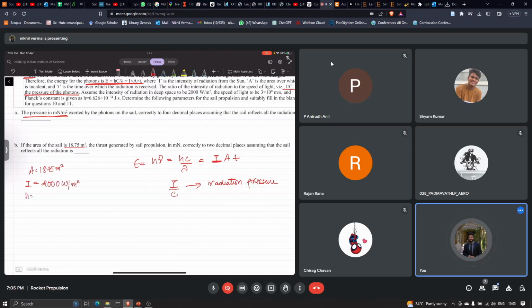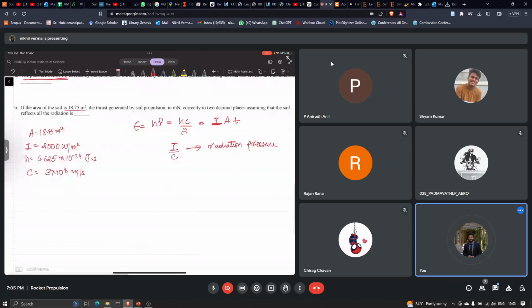Planck's constant is given as 6.625 times 10 to the power minus 34 joule second, and speed of light is also given. Now we have to find the pressure.